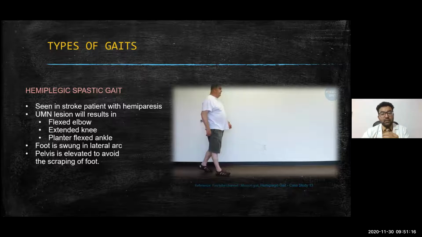When the patient has a stroke involving one side of the primary frontal motor cortex, that upper motor neuron lesion will result in a flexed elbow, extended knee, and plantar flexed ankle. Basically, due to this increased tone of the muscle, the patient cannot flex the knee.